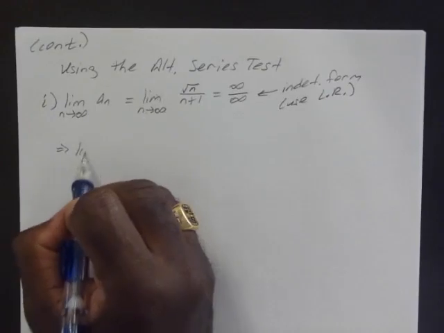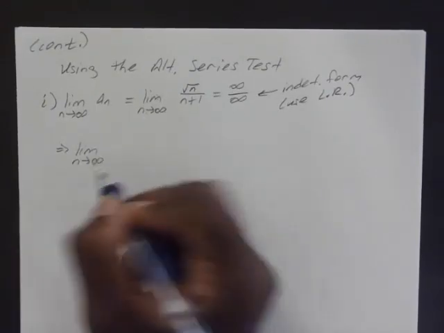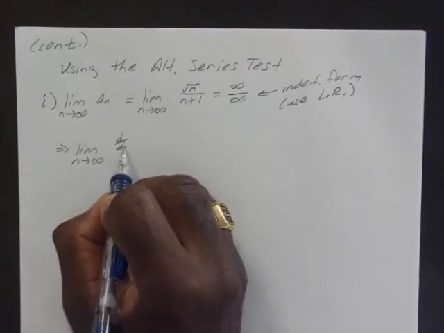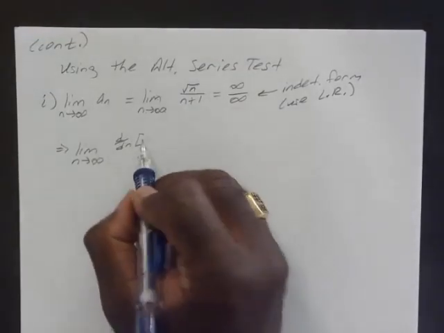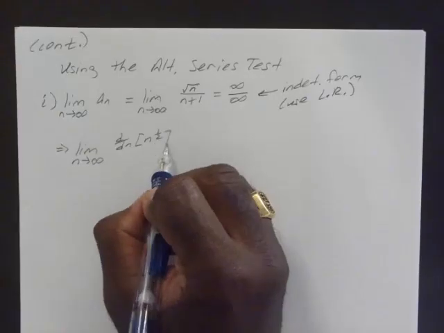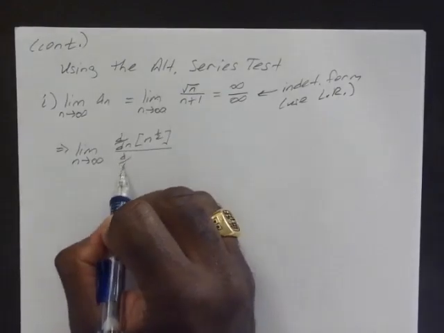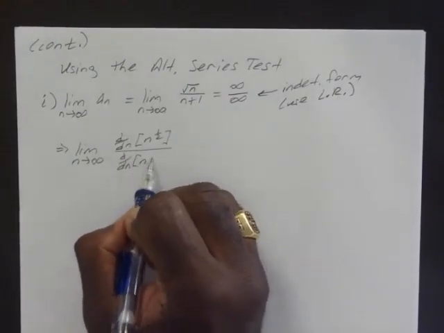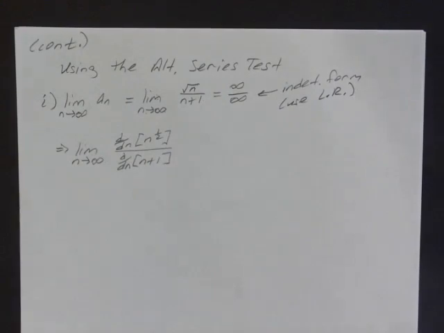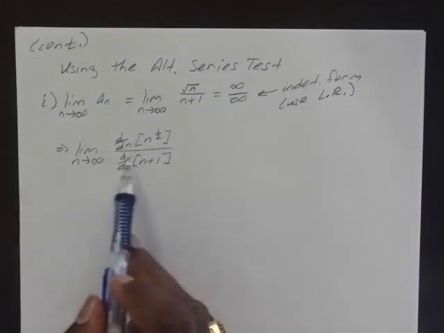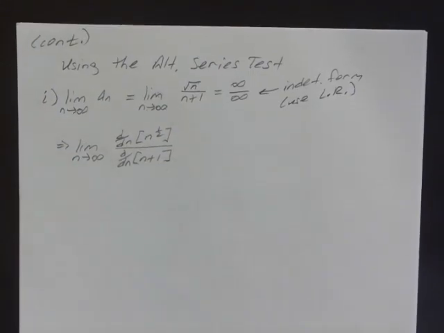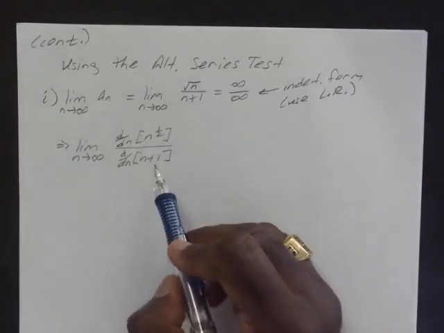So that is equal to the limit as n approaches infinity of the derivative of the square root of n, and I'll just write that as n to the 1/2 power for convenience, divided by the derivative of n plus 1. Well, the derivative of n plus 1 is just 1, so we can ignore that one because whatever derivative we get, it'll be over 1.